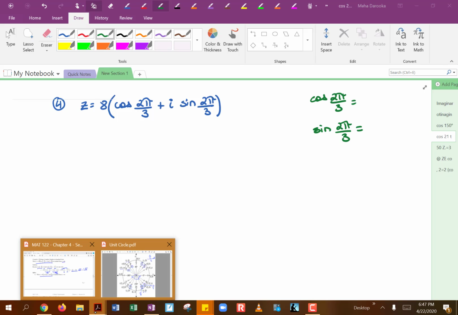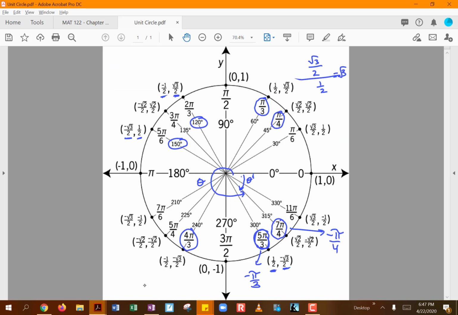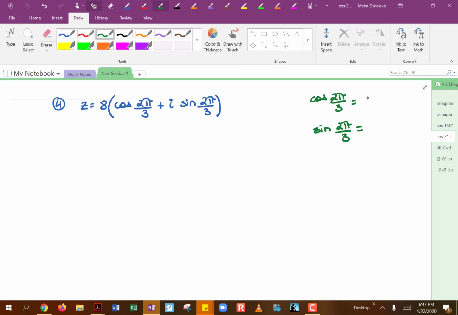So let's go to our unit circle here. 2 pi over 3 is the same as the 120-degree angle. So that's going to be cosine is negative 1/2. Sine is square root of 3 over 2. So negative 1/2 for the cosine and square root of 3 over 2 for the sine.